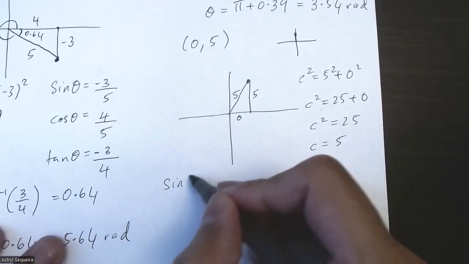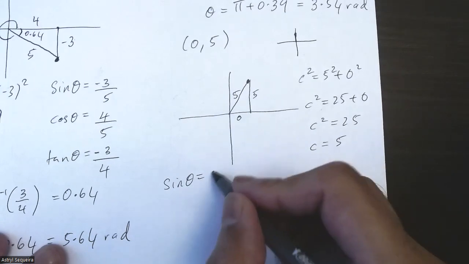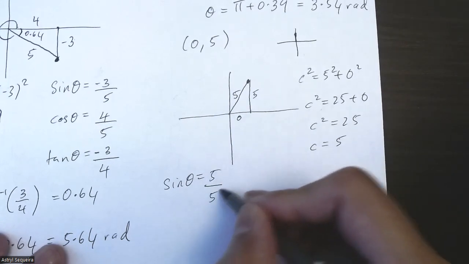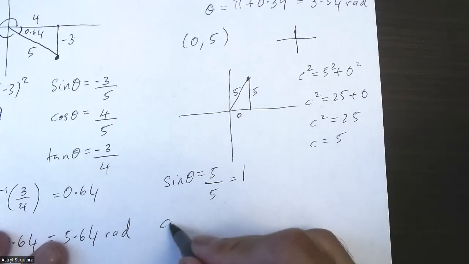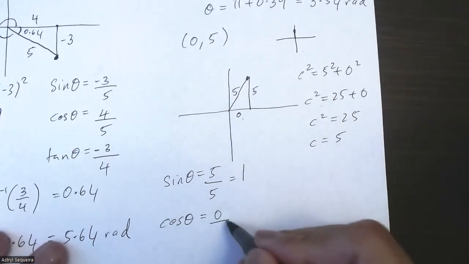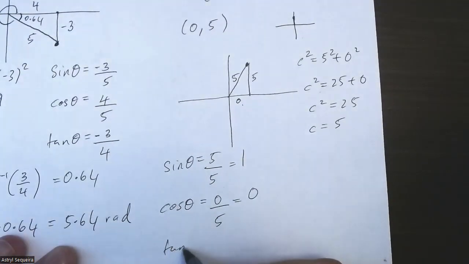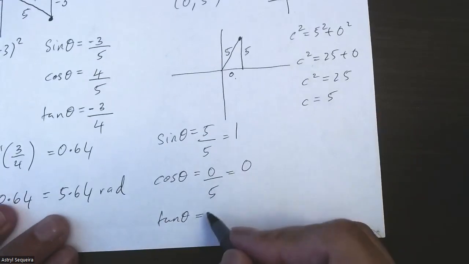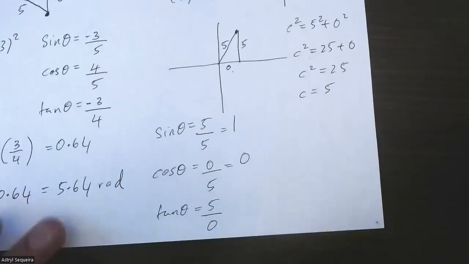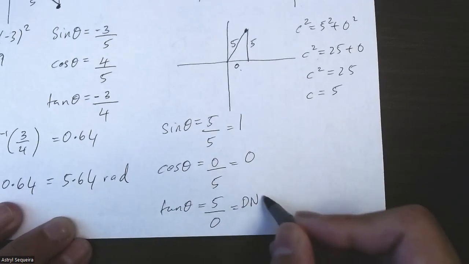So sine theta is opposite over hypotenuse, which is 5 divided by 5, which is just 1. Cos theta is adjacent over hypotenuse, which is 0 over 5, which is just 0. And tan theta is 5 divided by 0, opposite over adjacent. This is basically infinity or does not exist.